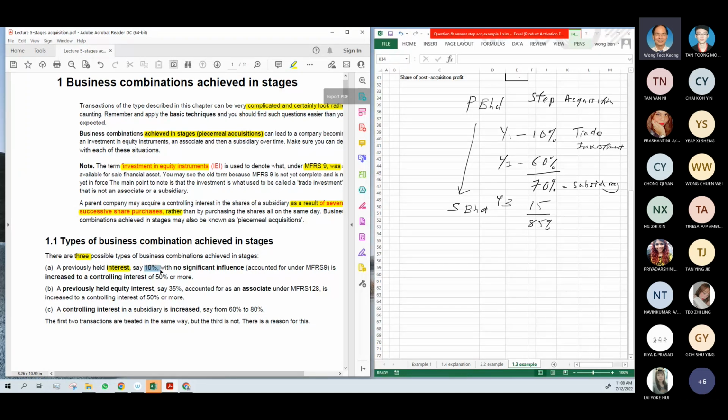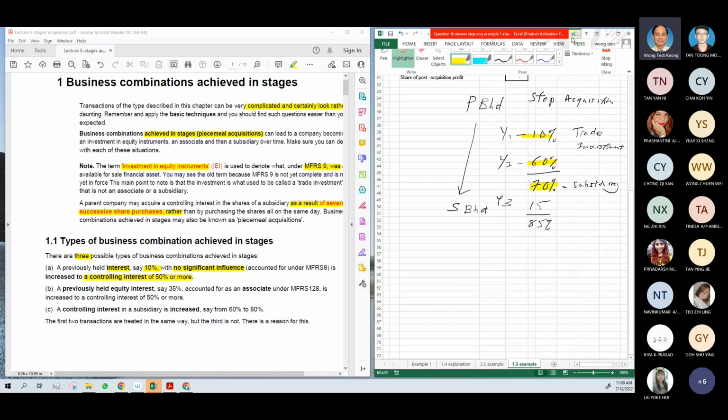It means it is not an associated company. It increases to a controlling interest of 50% or more, like what happened in my slide. First is 10%. So this is just a trade investment, no significant influence, so you cannot treat it as an associate. Then you buy another 60%, now it becomes a 70% subsidiary.